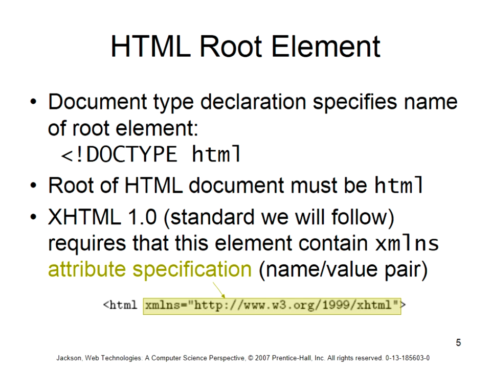And when we use XHTML 1.0, it requires that this element contains an xmlns attribute specification. So when we use XHTML 1.0, the first tag will be HTML with this attribute specification.